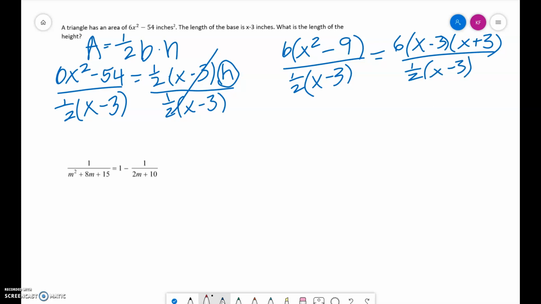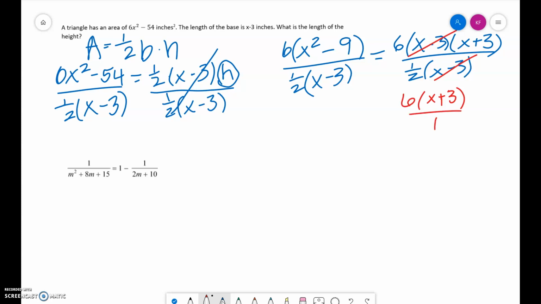And now we should be able to cancel our x minus 3's. So we have 6 times x plus 3 over 1/2. It's still a little bit messy.